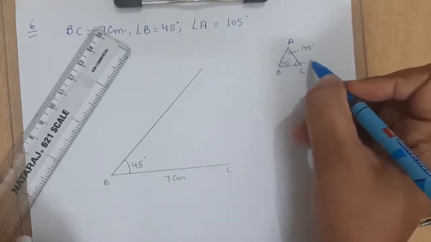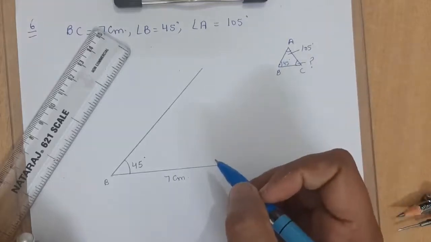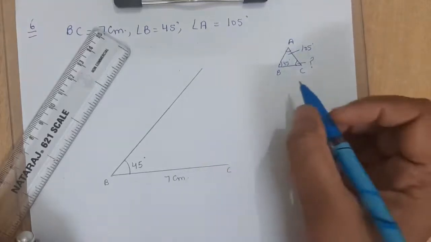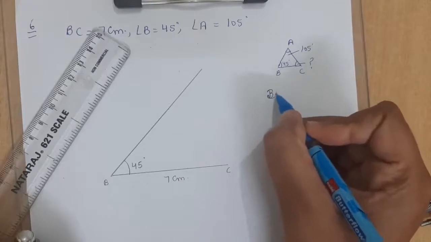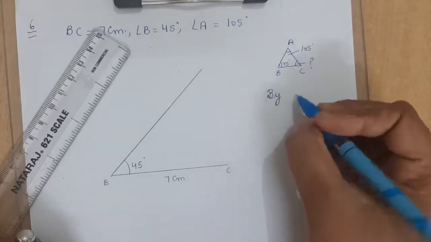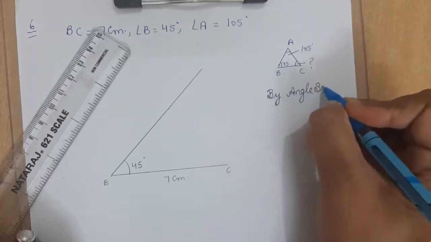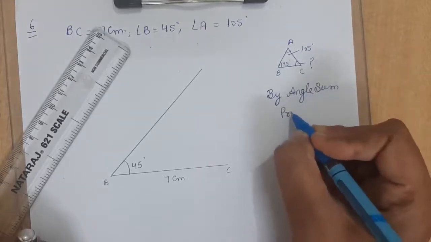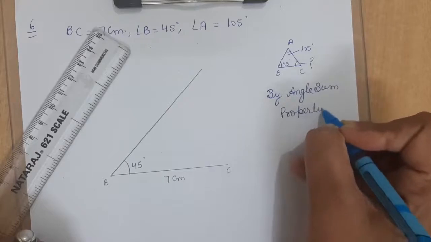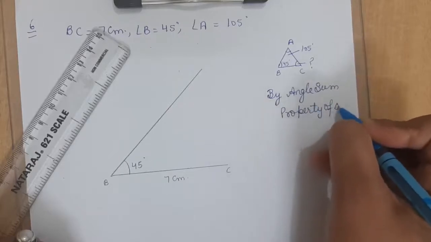Now we can find out this angle. How can we find this angle? By using the angle sum property of triangle ABC.